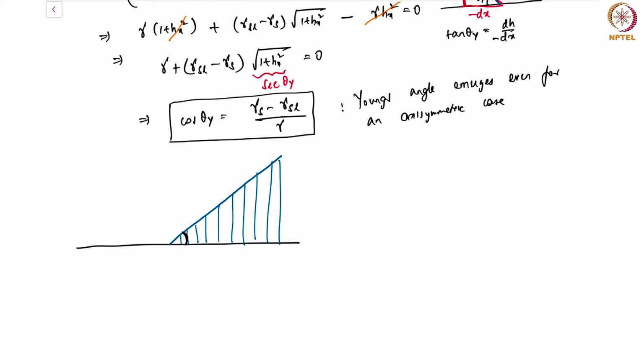The local angle here is, let's say, theta y. Now we have three surface energies. Let's call this gamma. Then we have this as gamma s, and finally we have gamma SL, solid liquid.